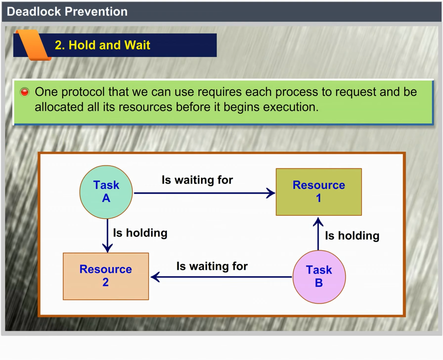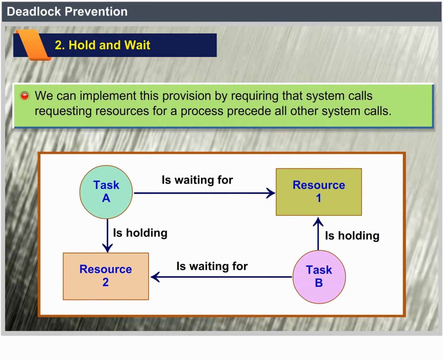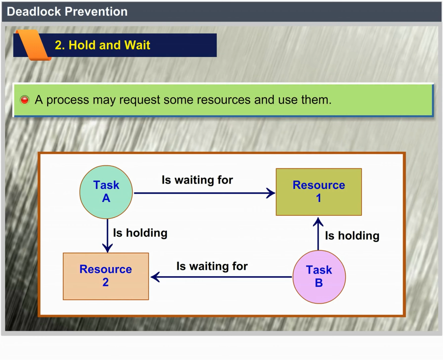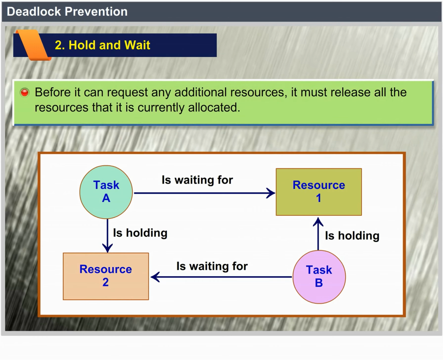We can implement this provision by requiring that system calls requesting resources for a process precede all other system calls. An alternative protocol allows a process to request resources only when it has none. A process may request some resources and use them. Before it can request any additional resources, it must release all the resources that it is currently allocated.